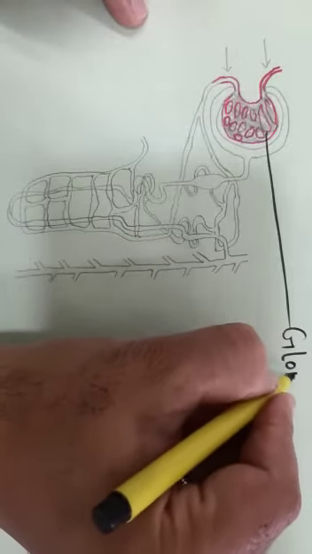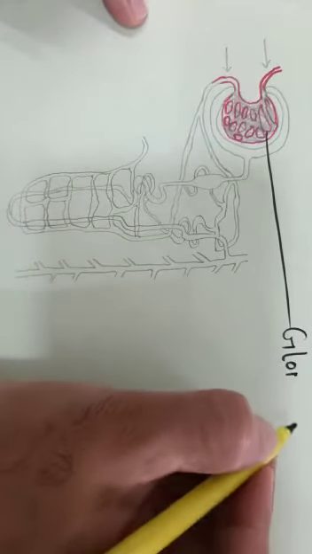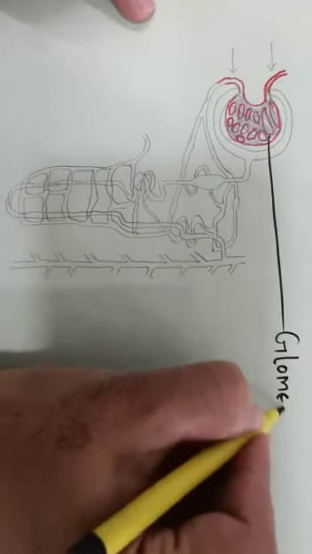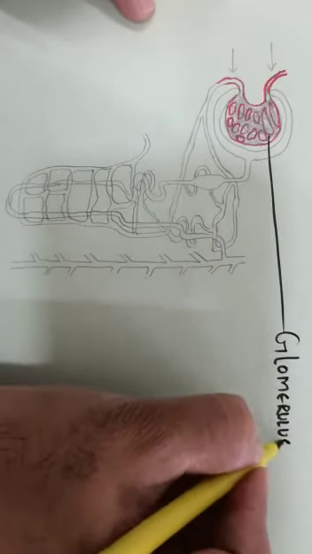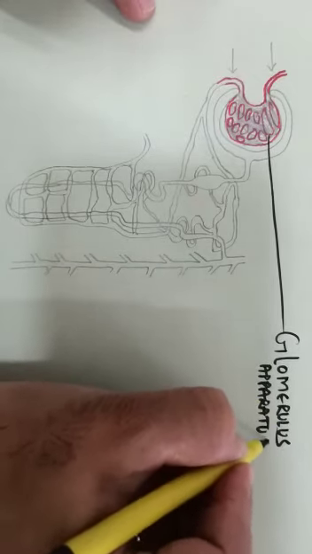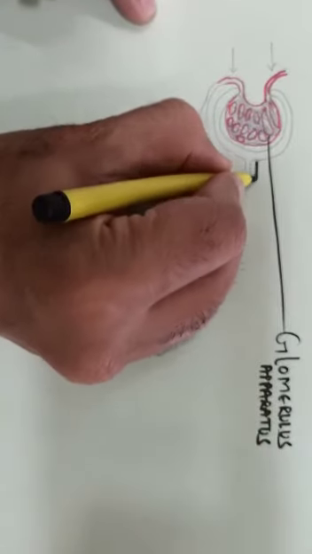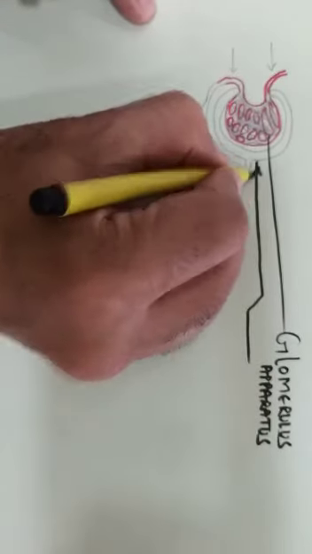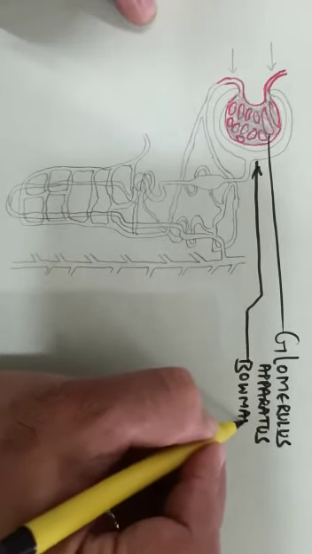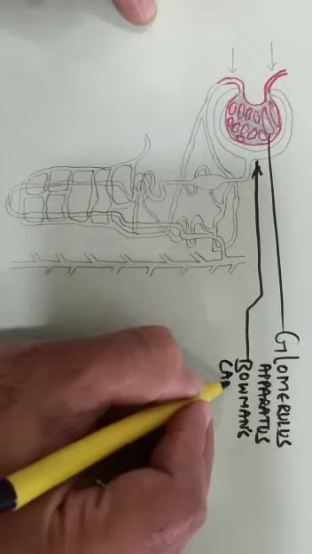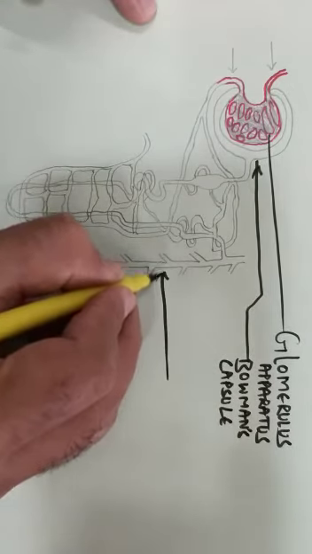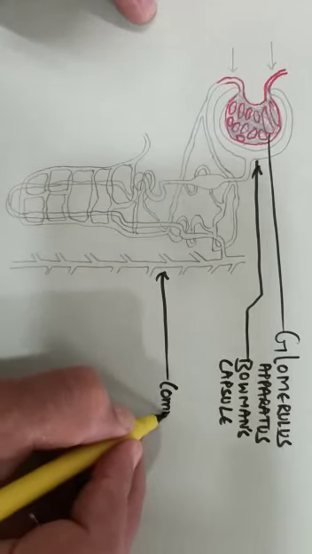This is glomerulus apparatus, and this one is Bowman capsule. This is common collecting duct.